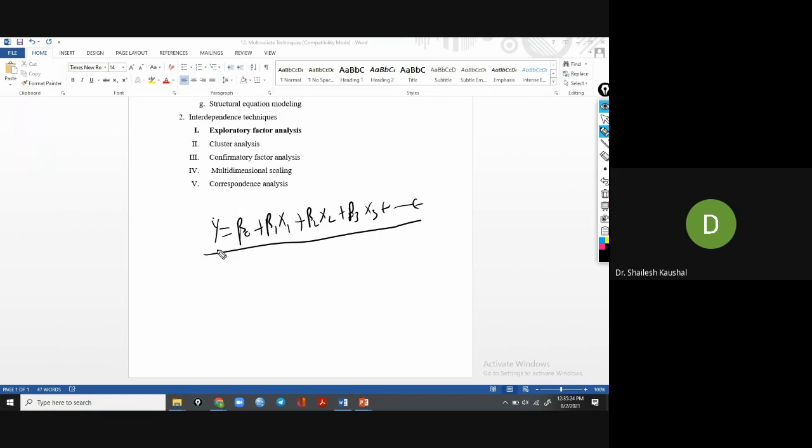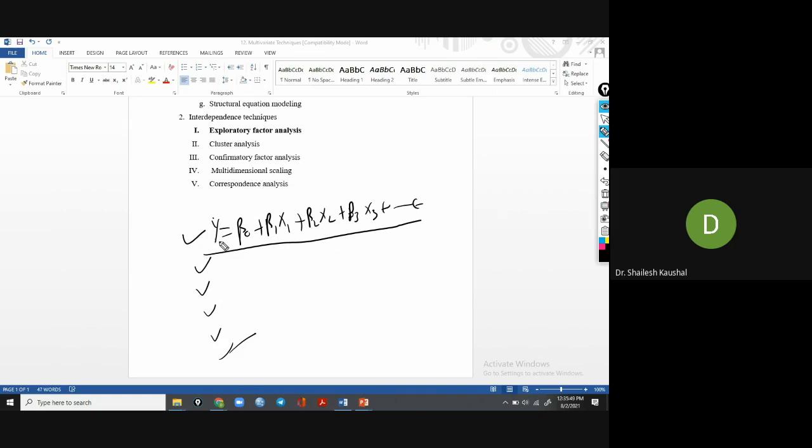But in structural equation modeling, the big advantage is that we simultaneously analyze a large number of multiple regression equations.